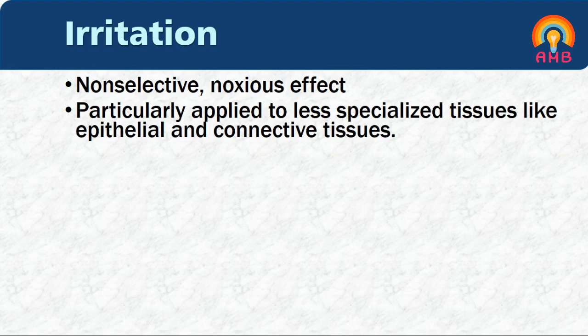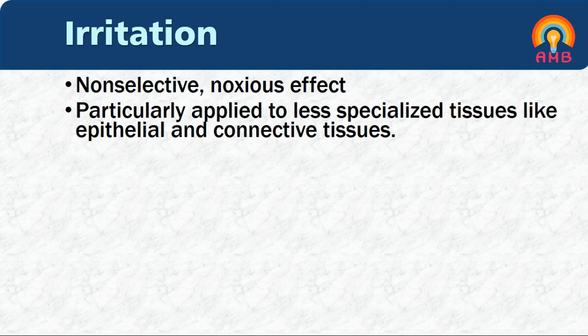The two effects we already discussed, that is stimulation and depression, are associated with specialized tissues like muscular tissue or nervous tissue, but irritation is associated with less specialized cells or tissues like epithelial tissue or connective tissue.